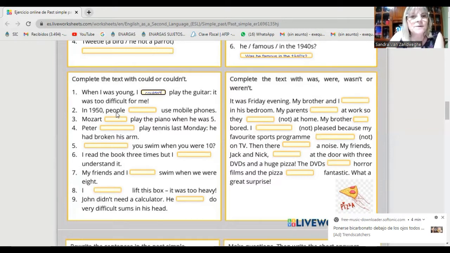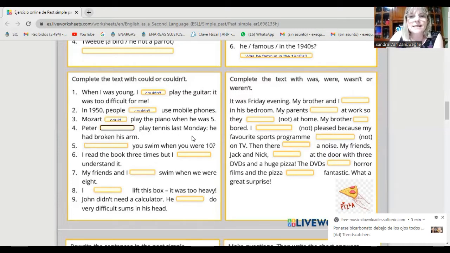In 1950, people use mobile phones. Couldn't. En esa época, they couldn't. At that time, there wasn't mobile phones. They couldn't use mobile phones. Mozart played the piano when he was 5. Yes, he could. Mozart could play the piano when he was 5.